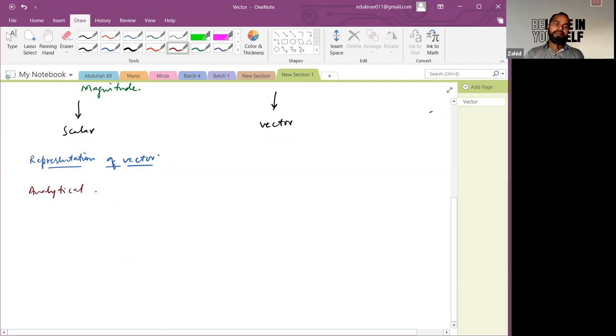First is the analytical method, in which a vector is represented by an arrow, let's say from this point to this point. In this representation, the length of the arrow from this point to this point will define nothing but its magnitude.